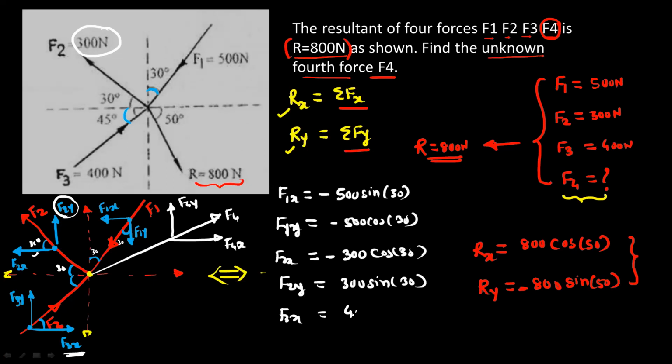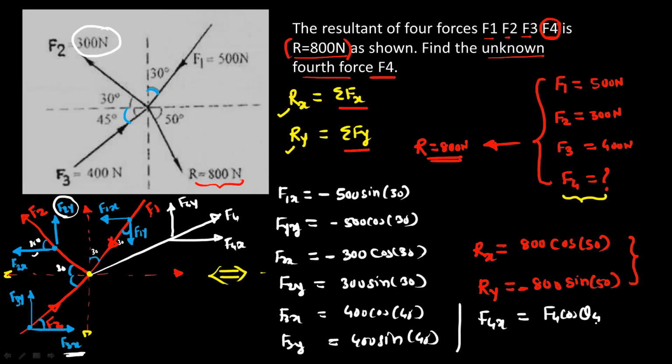So this is 400 cos 45, and F3y, this is equal to 400 sine 45. Okay. And last is F4x and F4y. So F4x, so this is equal to F4 cos theta 4. I will assume this angle as a theta 4, which is an unknown angle. And F4y, this is equal to F4 sine theta 4. Okay. Now write the summation. Write this equation, summation Fx and summation Fy.